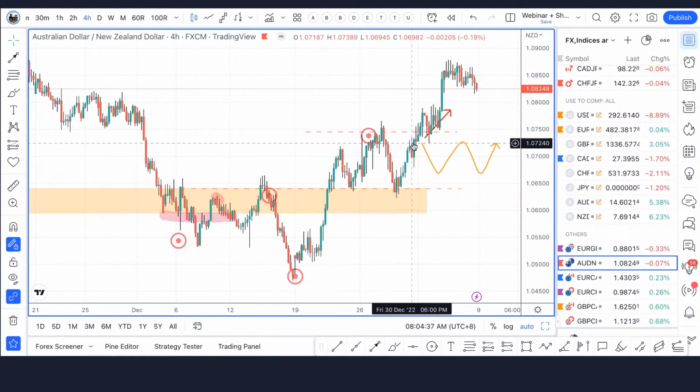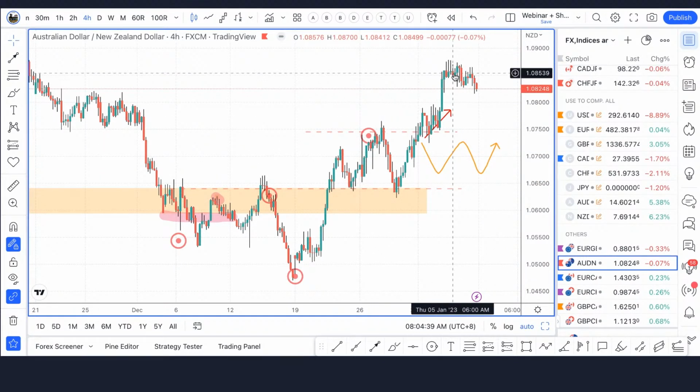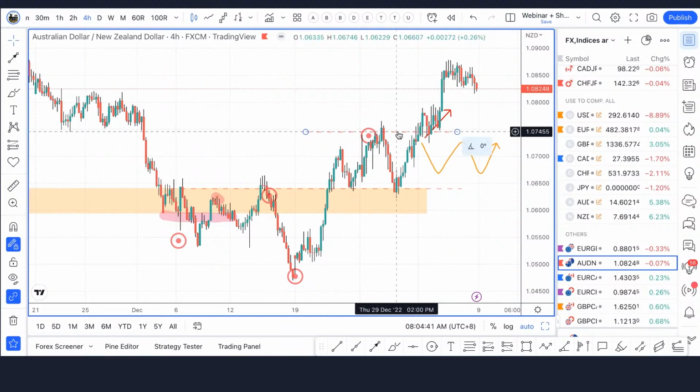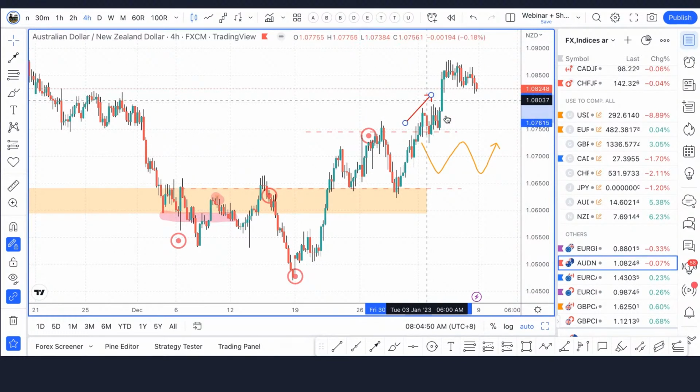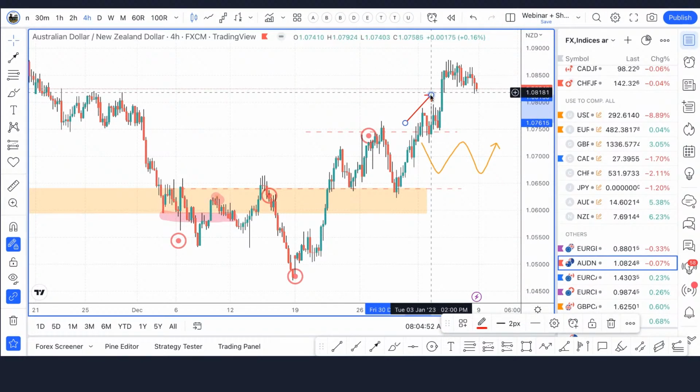Last week I was saying that if it is able to hold on to this level, it has the potential to go higher, and it did. It seems that it did break out, and things went well.